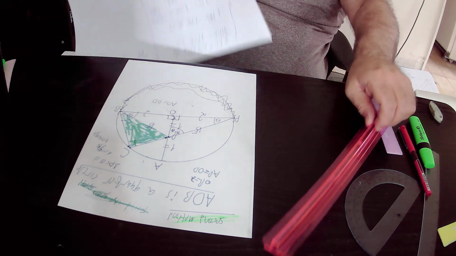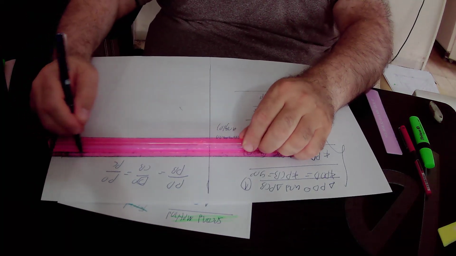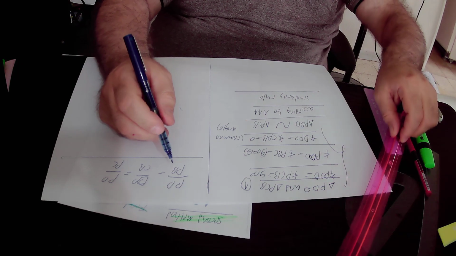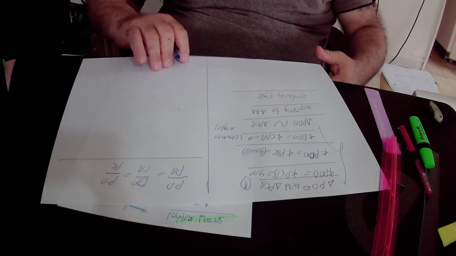Repeat again, from the fact that the two right triangles are similar to each other, we conclude that PD over PB equals DO over CB equals PO over PC.